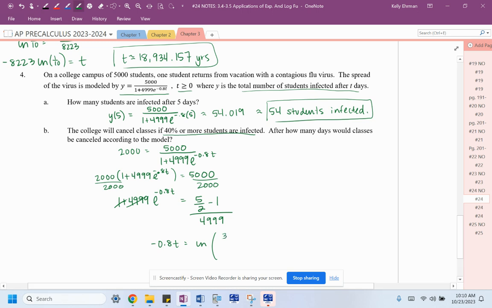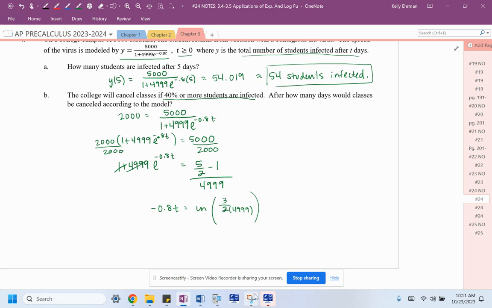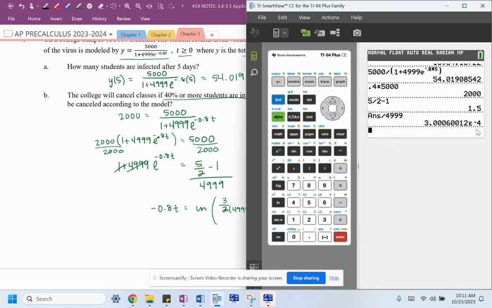Okay, so 3 over 2 over 4,999. So we can put all this down here together. And then divide by negative 0.8. So how do I do that on my calculator? I already have the number inside the logarithm, so I can say natural log of that. Divide that by negative 0.8.